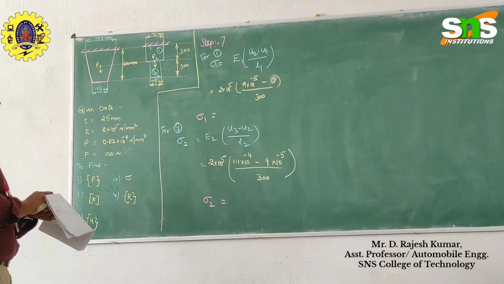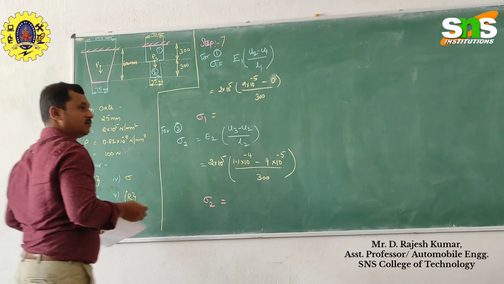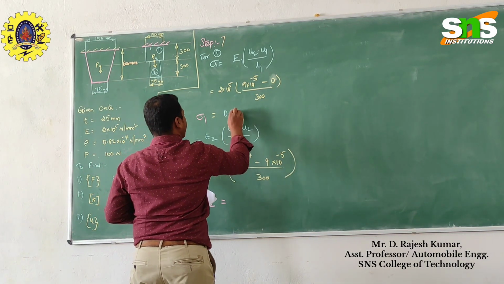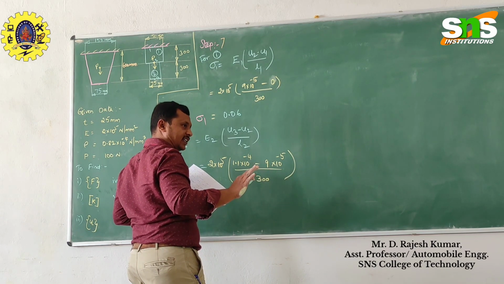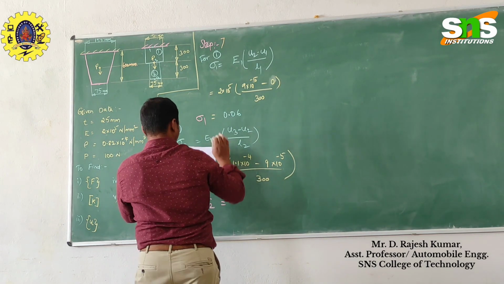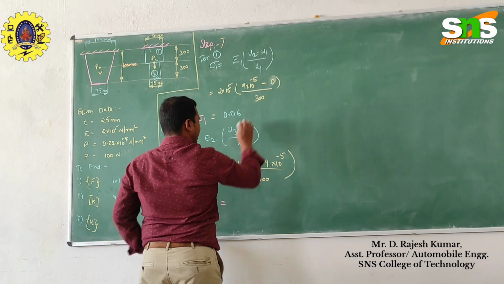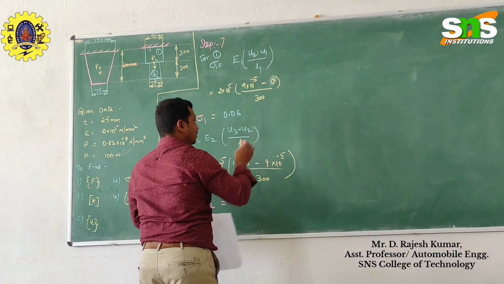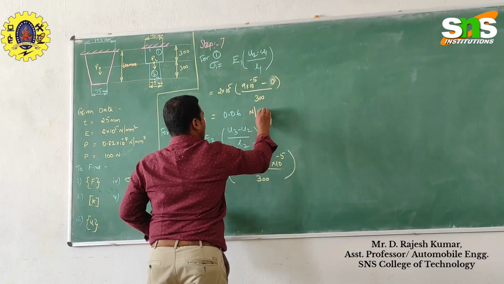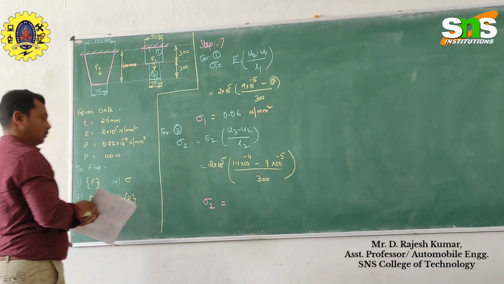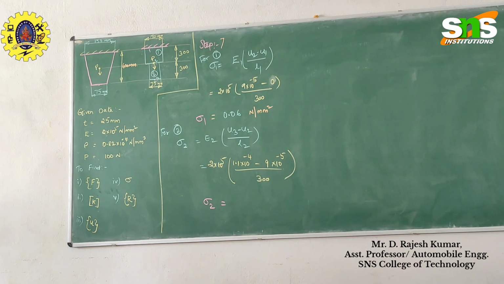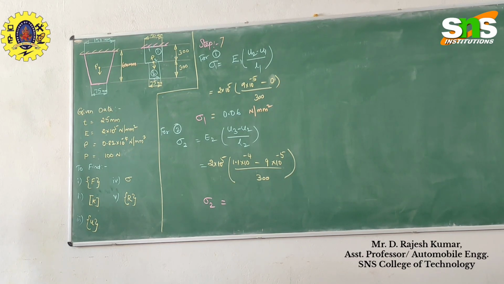What is the stress sigma 1 for element number 1? 0.06 is the answer. The unit of stress is Newton per millimeter square. What is sigma 2, the stress of element number 2? Apply the values and calculate it.